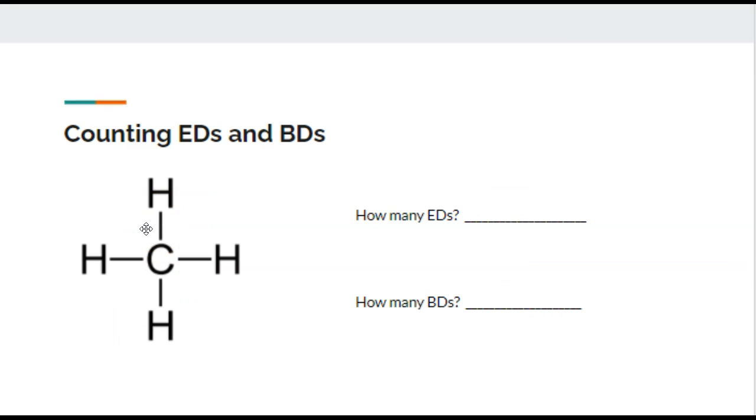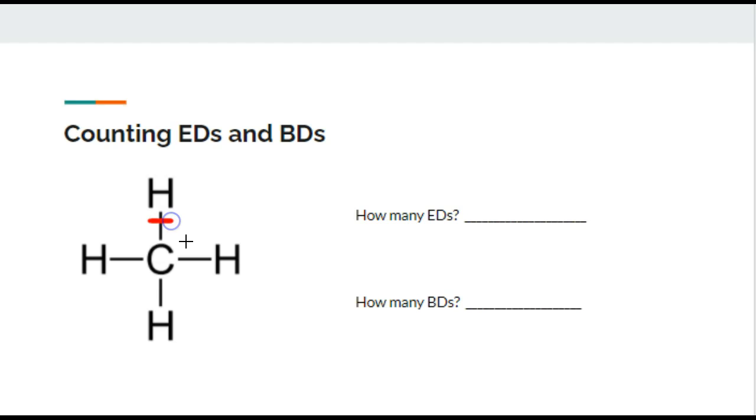Now this is methane. This is natural gas. Notice this has an interesting arrangement. It looks like it's just kind of a flat square or diamond if we were to connect this, but the geometry is in 3 dimensions. That's going to be the next thing that we worry about in the next lesson. But how many electron and bonding domains are there?